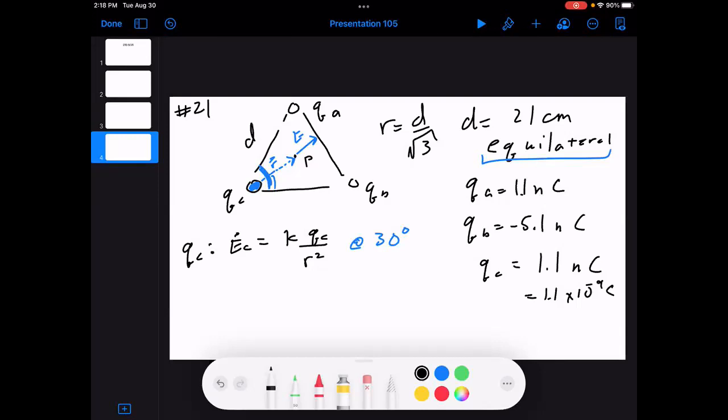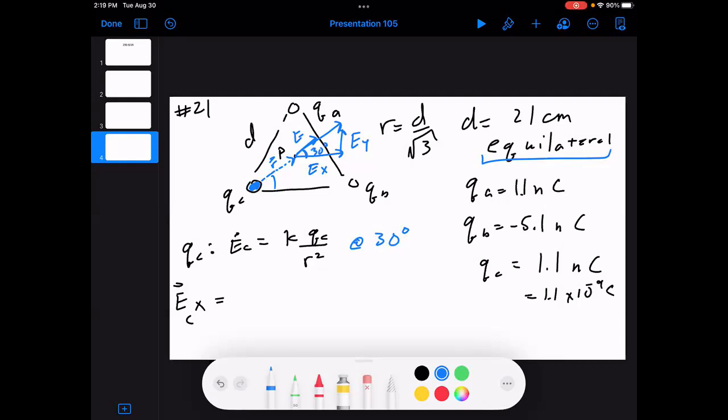So let's do that. So for the X component, let me try to make this a little bit prettier. So there's my electric field. There's Ex. There's Ey. That angle is 30 degrees.